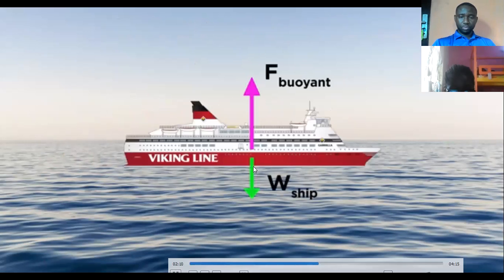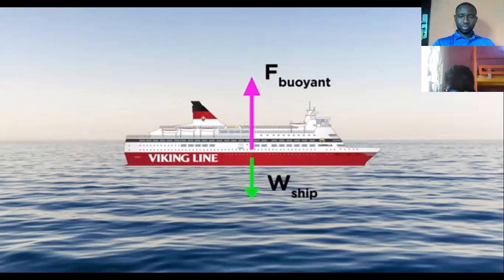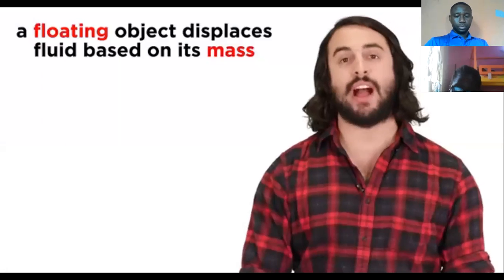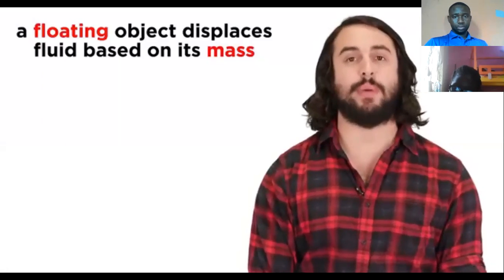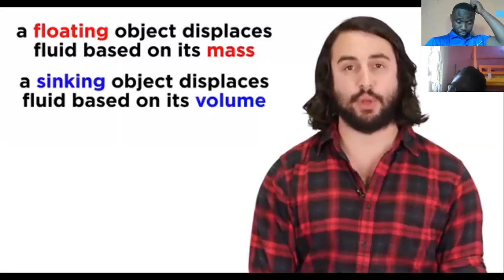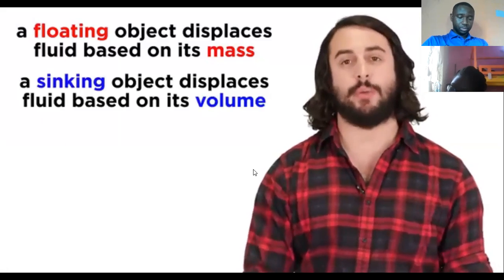In this way, the buoyant force can be expressed as the gravitational force of the displaced fluid, which is equal to the mass of the displaced fluid times acceleration due to gravity. A floating object displaces fluid based on its mass, and a sinking object displaces fluid based on its volume.